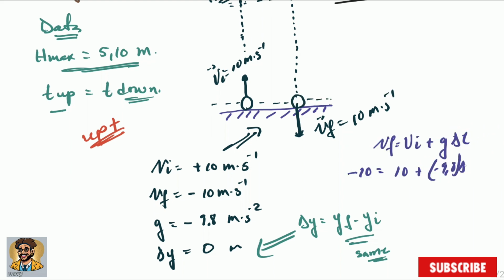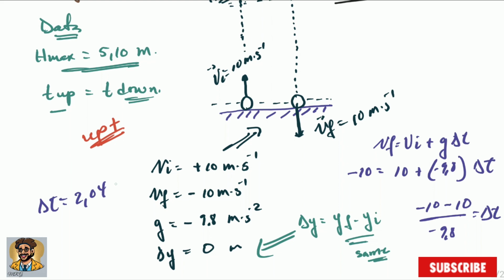I think there will be enough space here. So 9.8 multiplied by time. And when you rearrange this one, you will get this minus 10 divided by minus 9.8. This is simple math. And then you will get that the time is equal to 2.04 seconds. Guys, this is the answer.